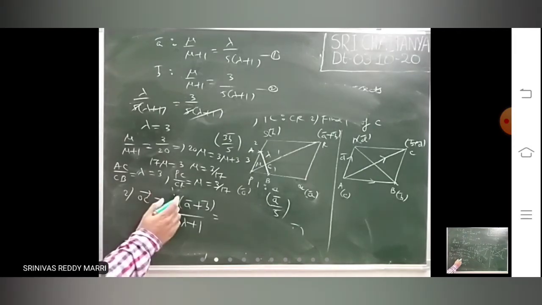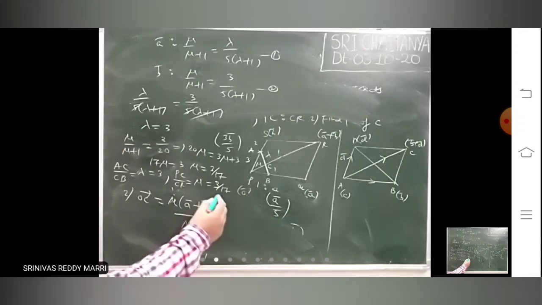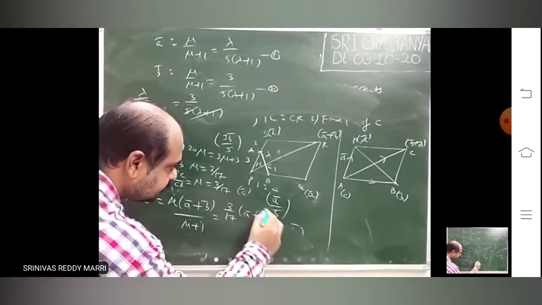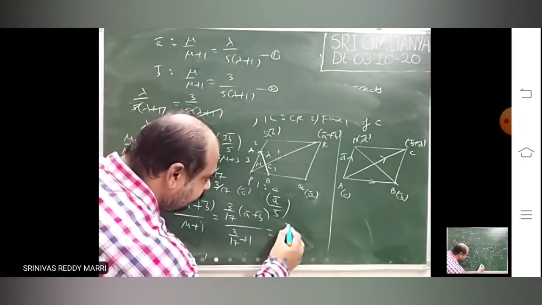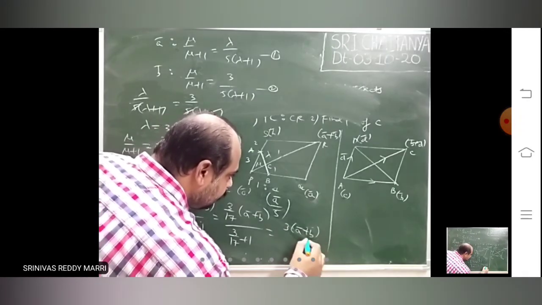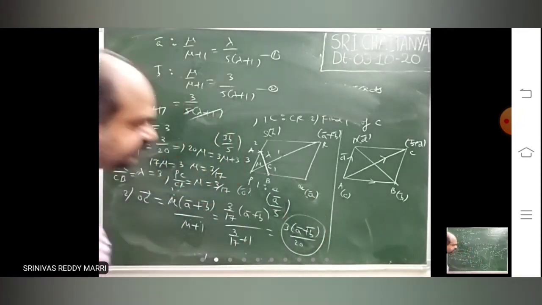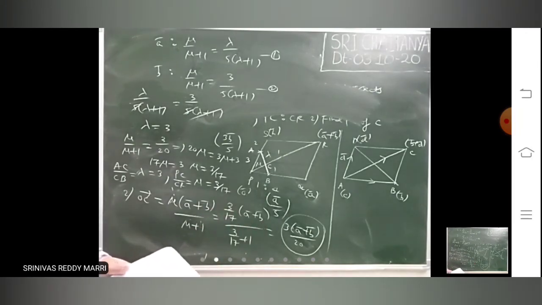Mu into A bar plus B bar divided by mu plus 1. Mu value is 3 by 17, so 3 by 17 into A bar plus B bar divided by 3 by 17 plus 1. That means you will get 3 into A bar plus B bar divided by 20. So that is the position vector of C. After calculating lambda and mu, you can substitute mu or lambda. Both will be the same.